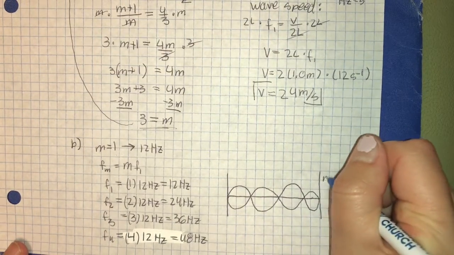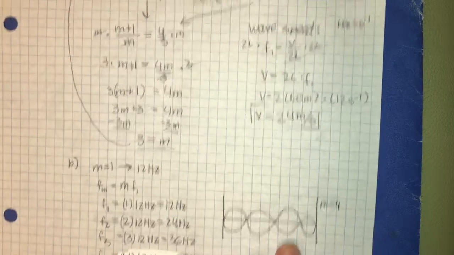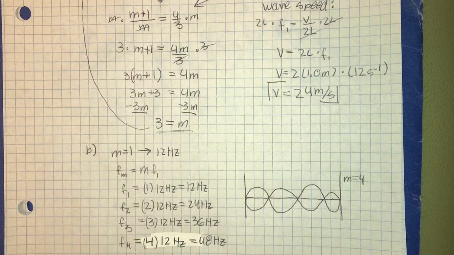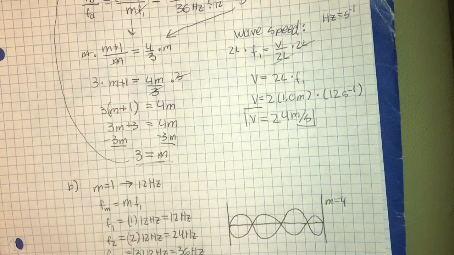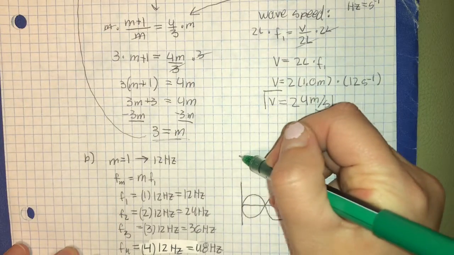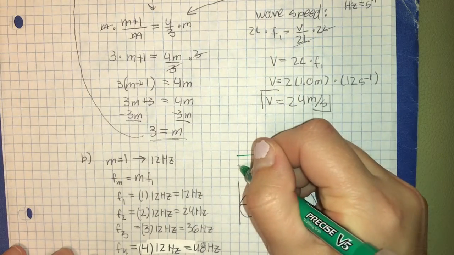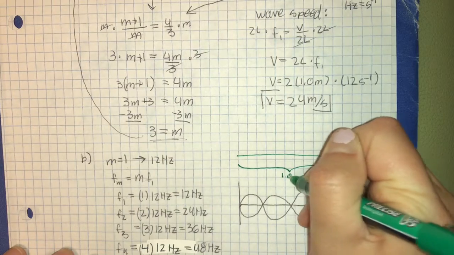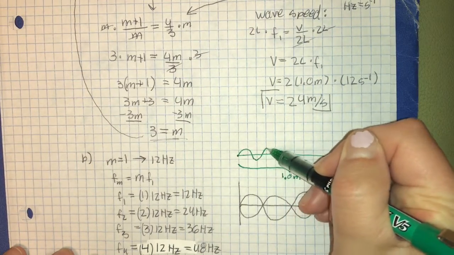So this is at our m equals 4. Let me just backtrack to explain to you what has been drawn here. So, sorry. Imagine our string. It's 1.0 meters long, and we have all these waves.